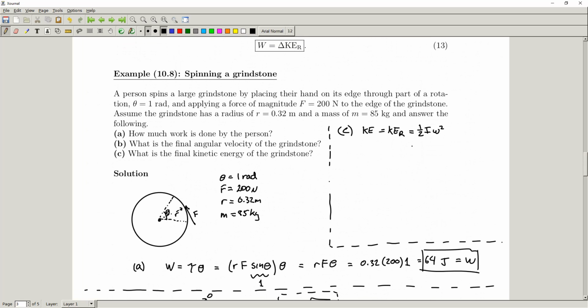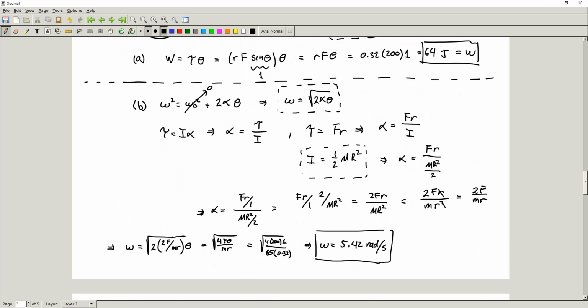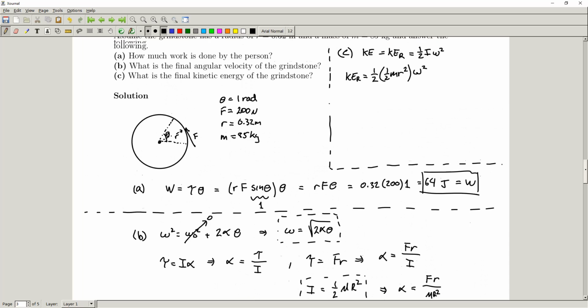And so we're going to end up with kinetic energy of rotation equals 1/2 times 1/2 mr squared omega squared. At this point, again, we're ready for substitution of numbers. We know what m is, we know what r is, we know that our omega is 5.42 radians per second. We just calculated that.